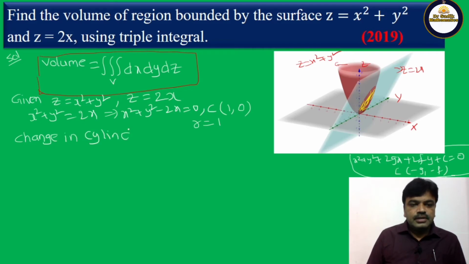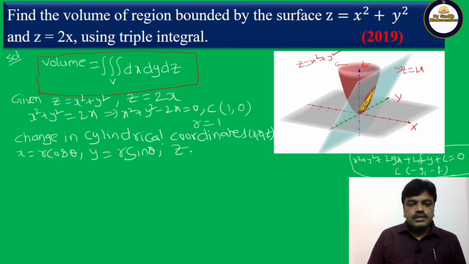Generally cylindrical coordinates are r, theta and z. x equals r cos theta, y equals r sin theta, and z equals z.